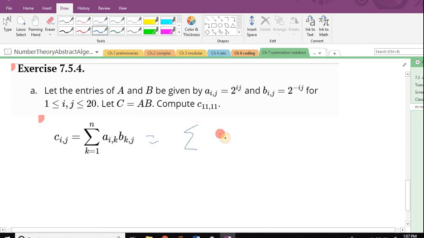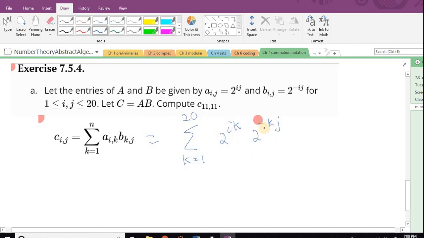It's going to be 2 to the ik and 2 to the minus kj. You see, I had to change the indices because this is ik and this is ij. So I just replaced the indices like they're supposed to be. And then this is the sum from k equals 1 to what is the question. 1 to 20. And it should be 20 because everything is there.